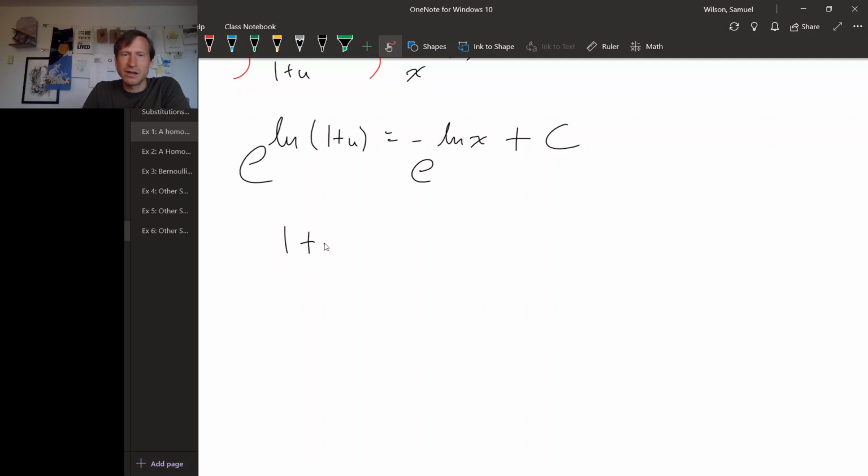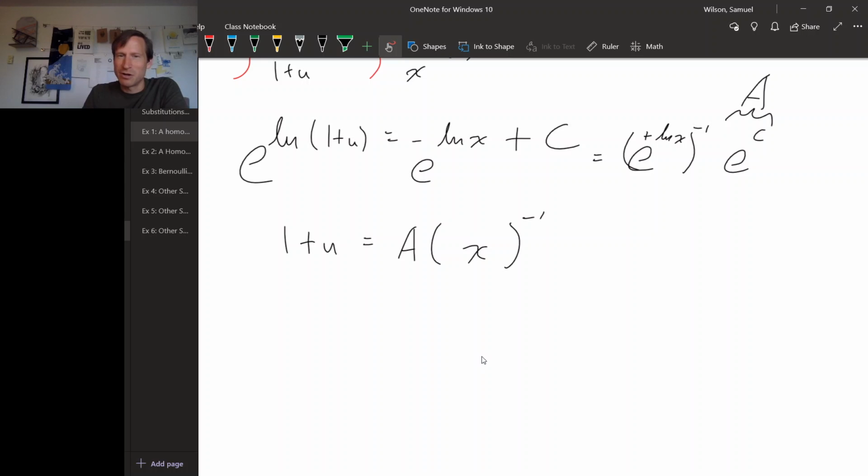We get 1 plus u equals, let's see, to simplify this, we're going to need to rewrite this as e to the minus natural log, actually, e to the natural log x to the minus 1 times e to the c, and let's rename e to the c capital A. So we get capital A times, right, e to the natural log x is just x to the minus first power. So then we can move the 1 over, we get u equals A over x minus 1.